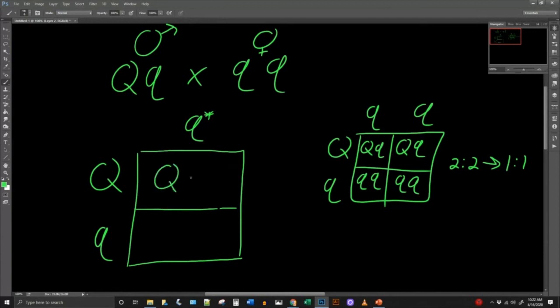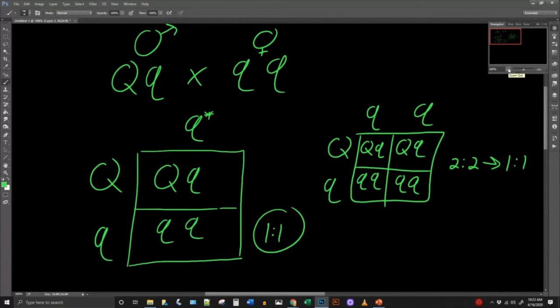You could say there's 1 possibility where a dominant sperm will fertilize a recessive carrying egg. And then there's another possibility where a sperm carrying a recessive allele will fertilize an egg carrying a recessive allele here. So you get the same ratio, 1 to 1. Sometimes when you guys are answering questions, you might be able to use this to save yourself some time, but only do that if you're confident.